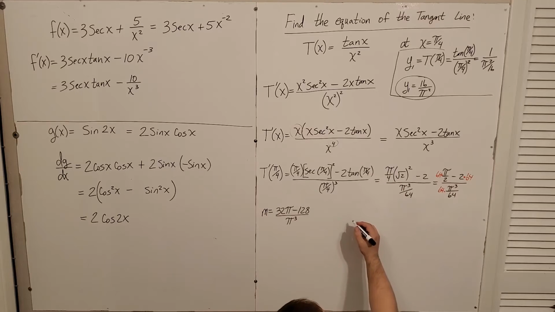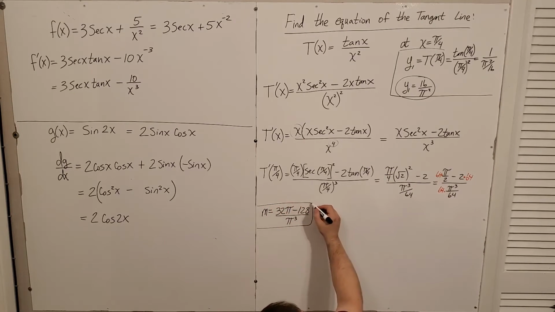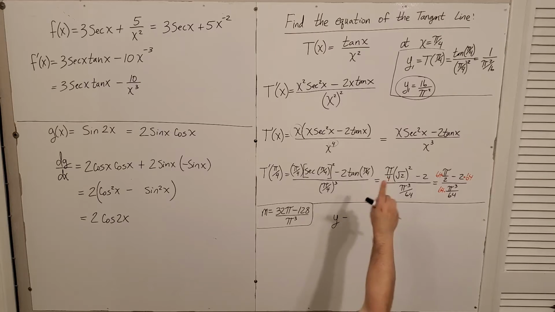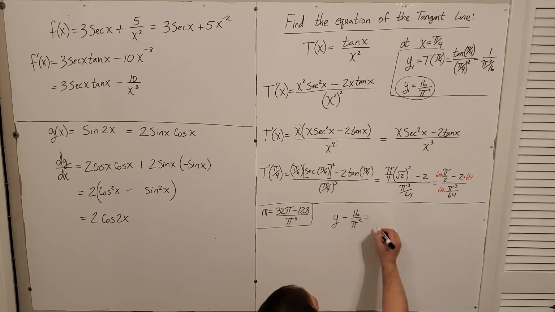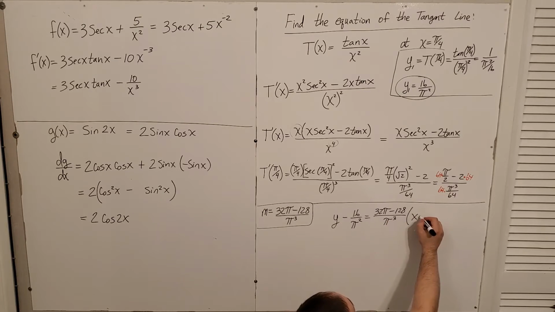So now for the real grand mess. I've got my slope. Now let's make the line. So y minus, I've got 16 over pi squared equals my slope, 32 pi minus 128 over pi cubed times x minus pi over 4.